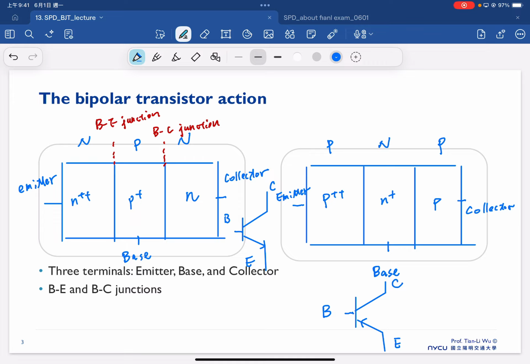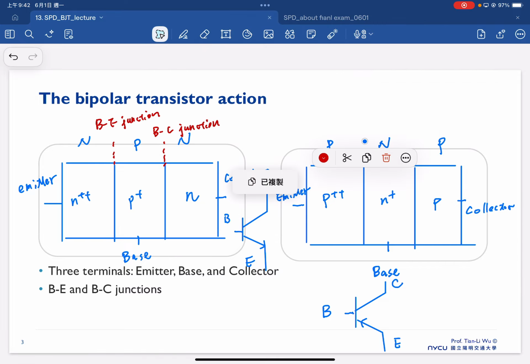So that's the circuit symbol for the PNP transistor here. And the analysis of this PNP BJT is highly related to the characteristic between this junction.